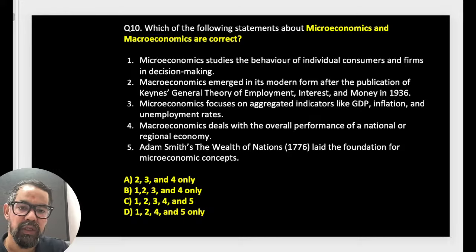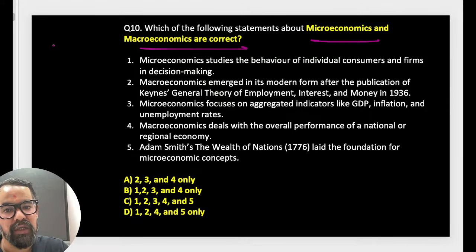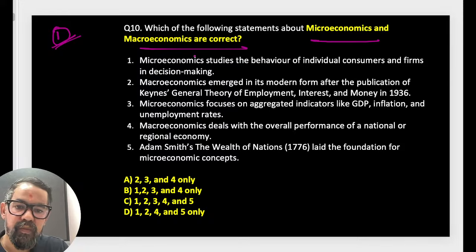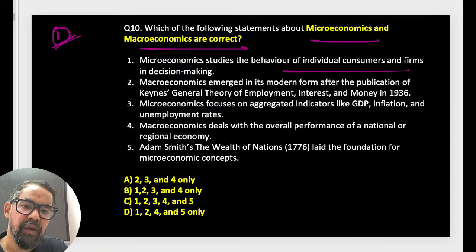Quickly go through the question. Microeconomics and macroeconomics. ठीक है, 1 mark question you can expect based on this topic और आपका type of economies and all. So quickly. Microeconomics studies the behavior of individual consumers and firms in decision making.